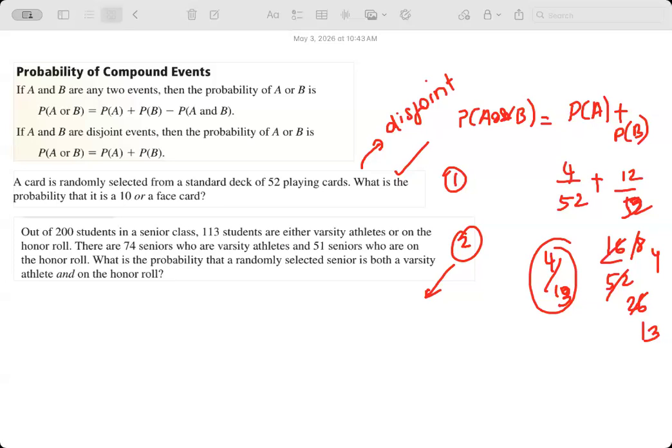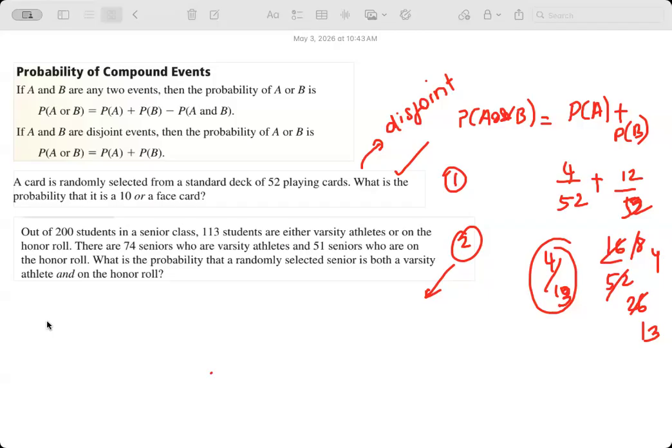Second one, seniors and things like this, right? Okay, we need to find what is A and B first. A is the event of selecting a senior who is a varsity athlete, B being, let's see, out of 200 students in a senior class, 113 students are either varsity athletes or on the honor roll.